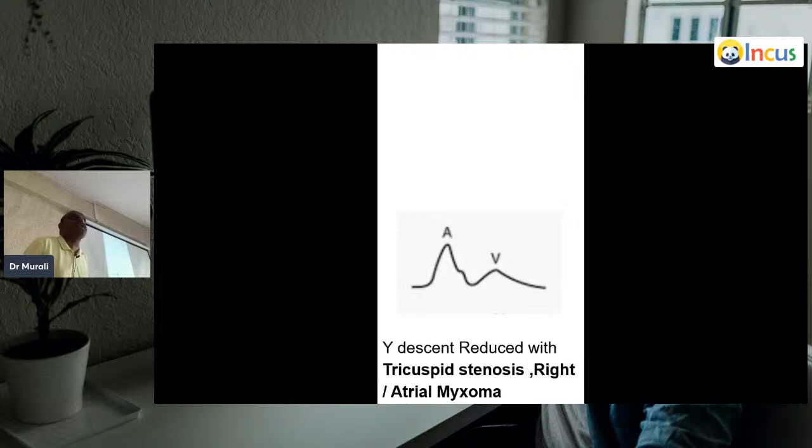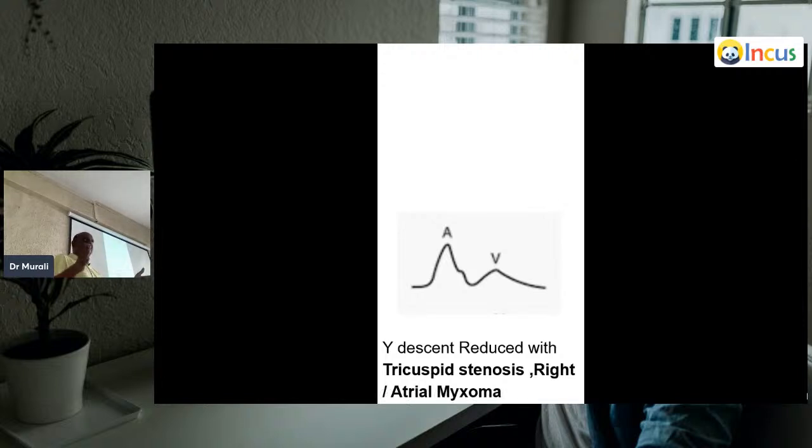If tricuspid regurgitation makes the Y descent high, what should tricuspid stenosis do? It should prevent that. Tricuspid stenosis should have an opposite effect. So it is reduced in tricuspid stenosis, because what is the cause for the Y descent?